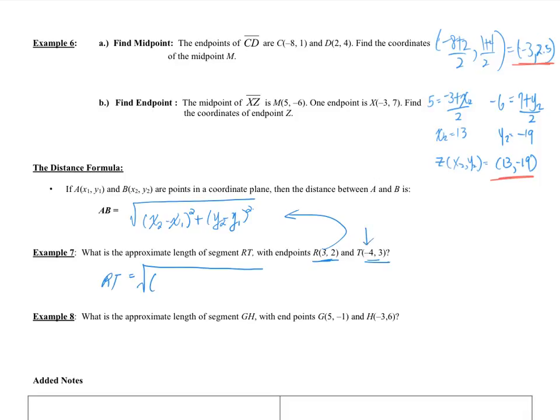I'm going to take negative 4 and subtract positive 3 and square it. I'm going to add it to the y coordinates, 3 minus 2, and then square it. Then we can go ahead and solve this, and further simplify this to 5 square root of 2.